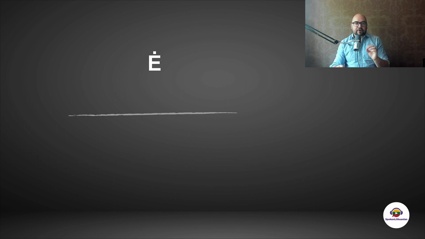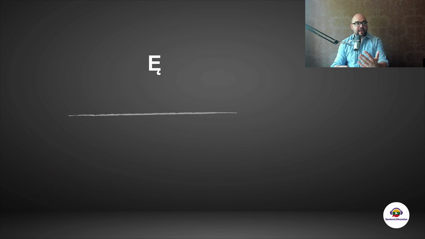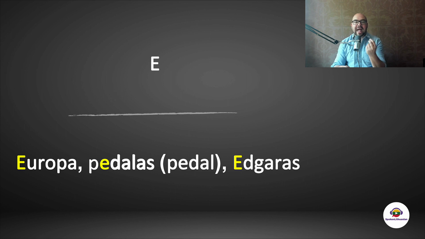Now we have a very weird sound, ė, in Lithuanian language. Now we have a chair, that would be kėdė, right? We have gėlė, flower, kėdė, gėlė. Try to look at me saying it. If we have a simple e, it's like a.